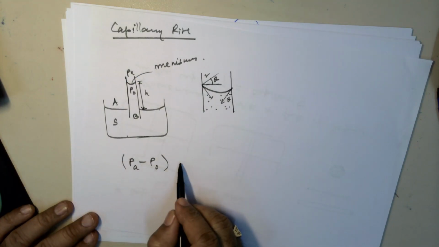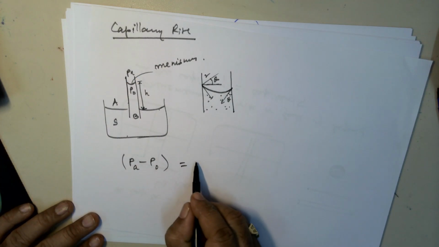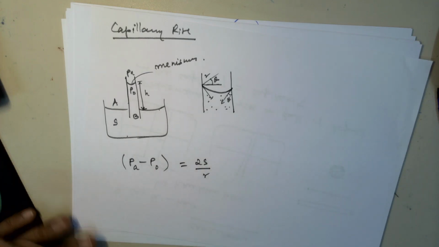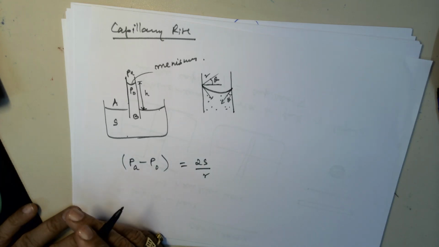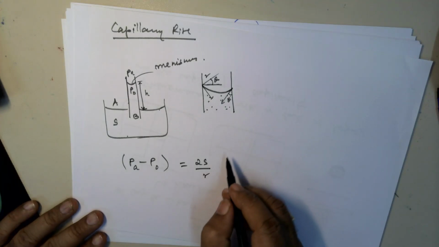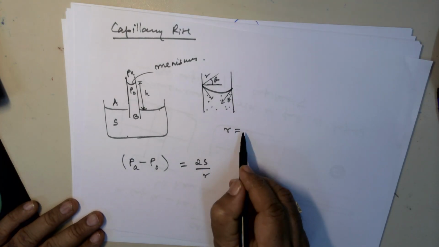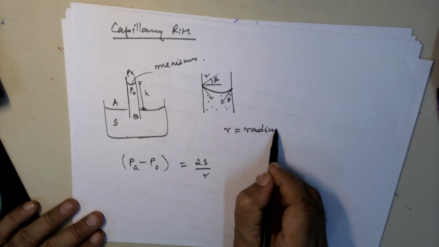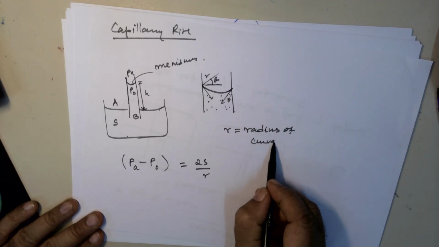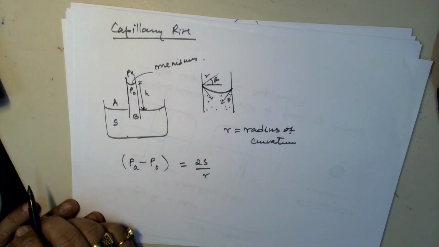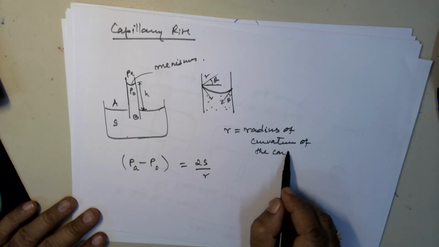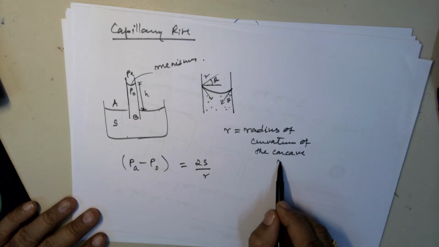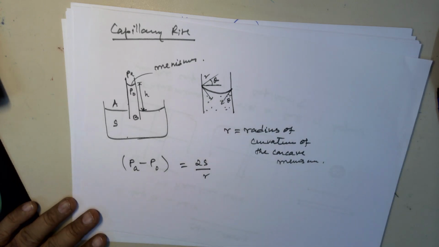Do you understand this? It is equal to 2S divided by R, where R is the radius of curvature of the concave surface, the concave meniscus. So that is called R here.